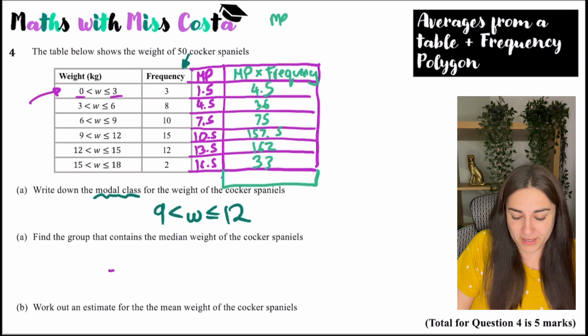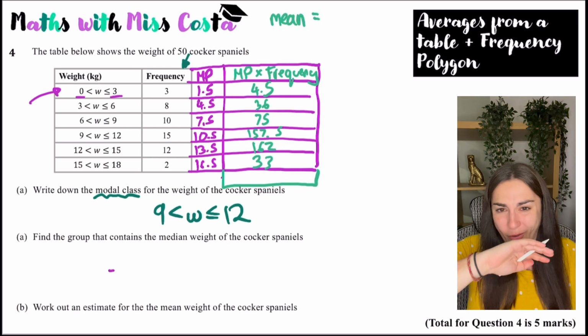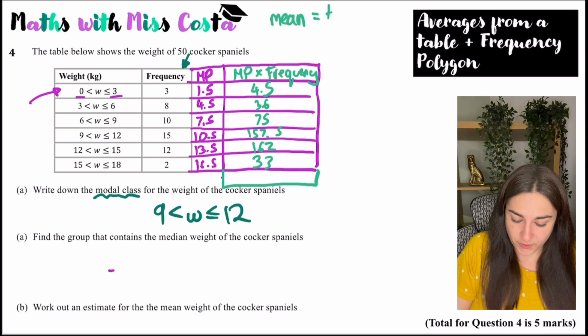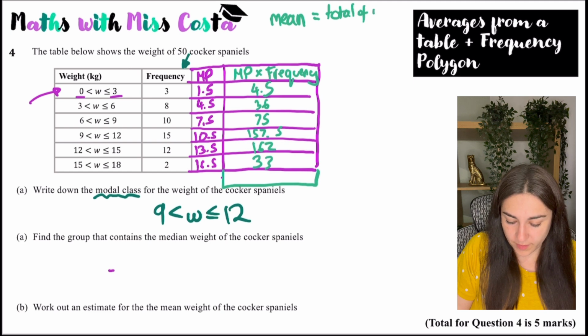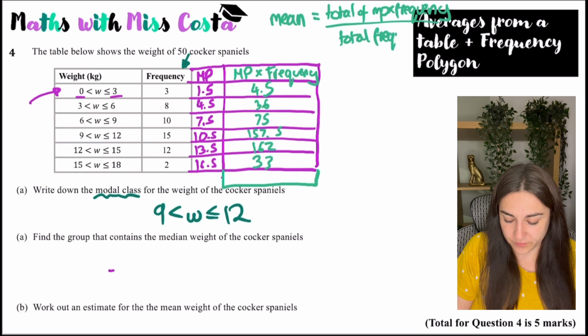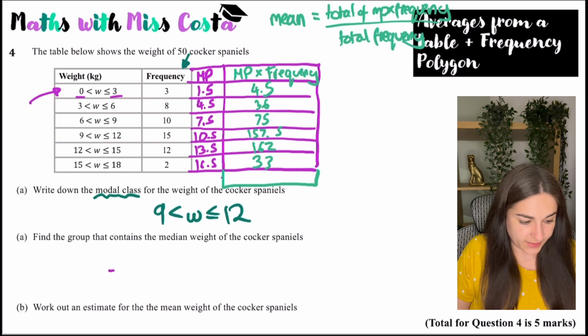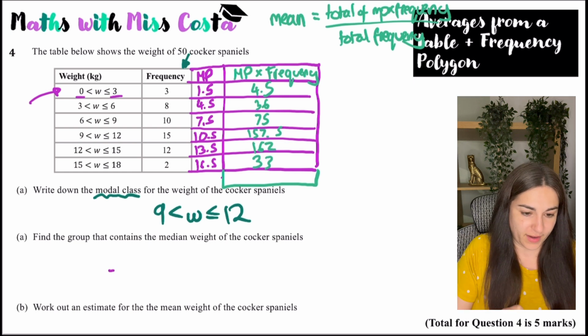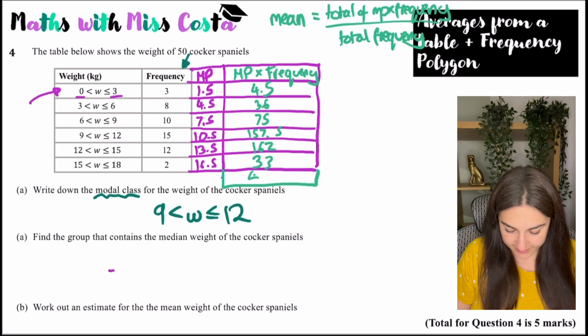So to work out the mean from a grouped frequency table, you do the total of midpoint times frequency divided by the total frequency. So we find out what the total is here. 33 plus 162 plus 157.5 plus 75 plus 36 plus 4.5 is 468.